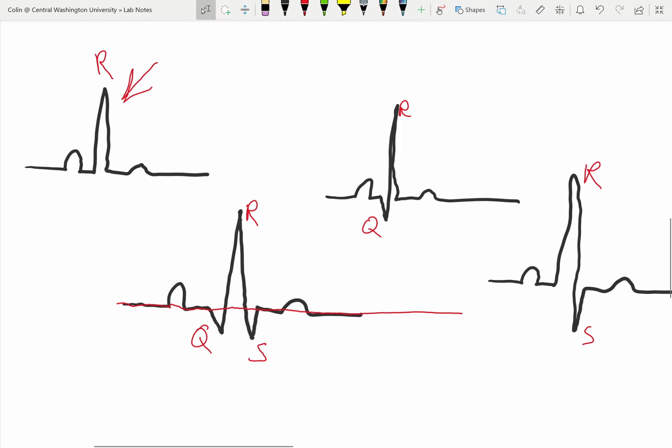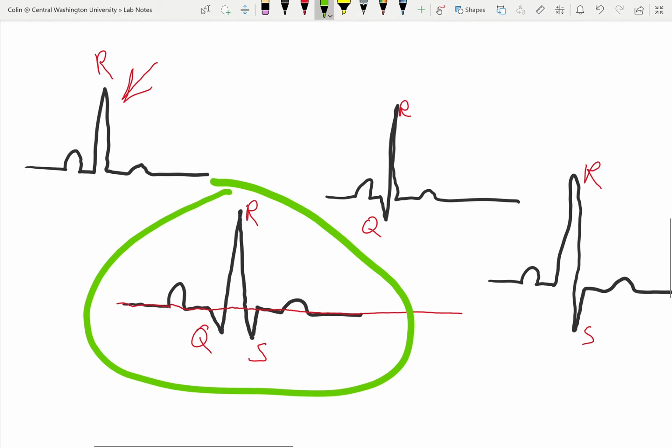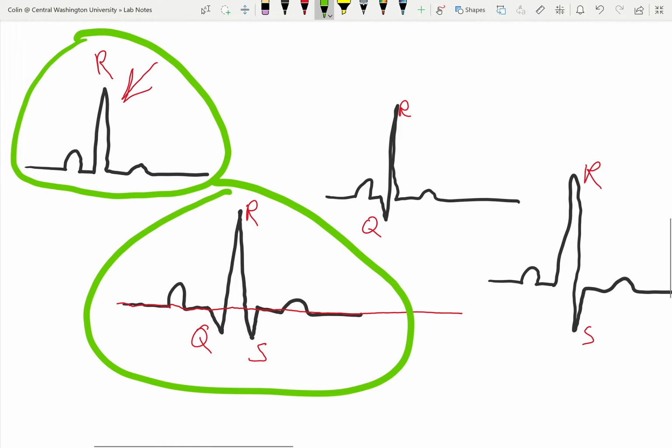So that's why we call it the QRS complex, because it's possible to have all three waves. Doesn't have to be that way. This up here is the most common. Most likely that's what your heart looks like if we were to take a 12 lead right now. But if it showed any of the others, again, mostly no big deal.